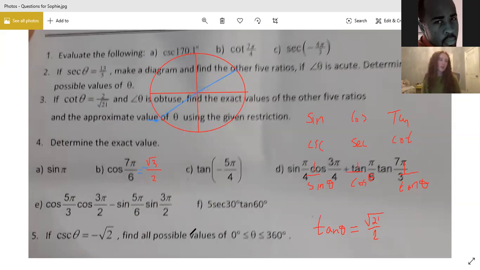All right, hold on. Slow. You lost me. Go again from the beginning. Okay, because the cosecant of theta is negative root 2, I figure the sine of theta has to be 1 over negative root 2, or negative 1 over root 2.